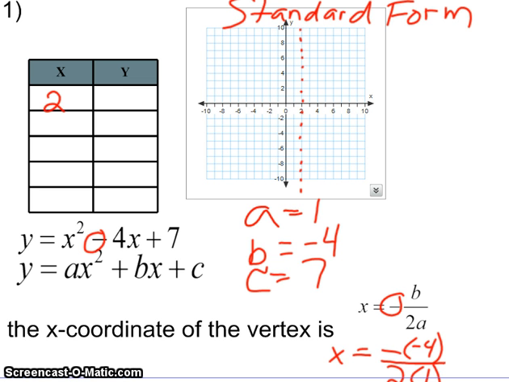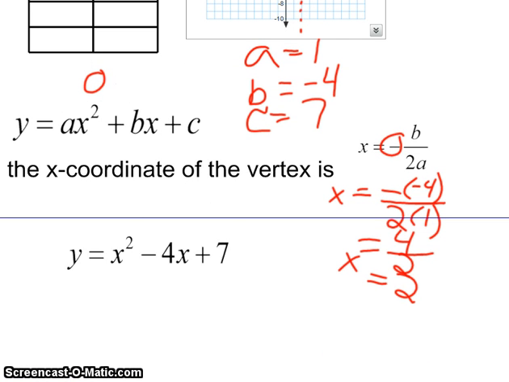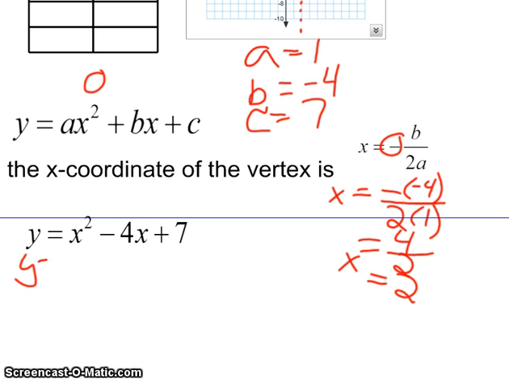All right, now we're going to take that x-coordinate, we're going to plug it into our equation. So I'm going to take this problem, there it is, and I'm going to plug in 2. Okay? So I have y equals 2 squared minus 4 times 2 plus 7.